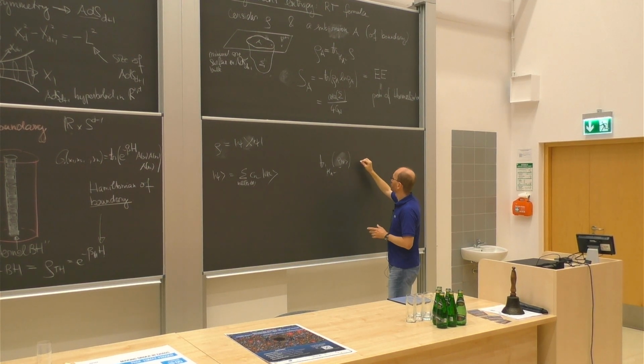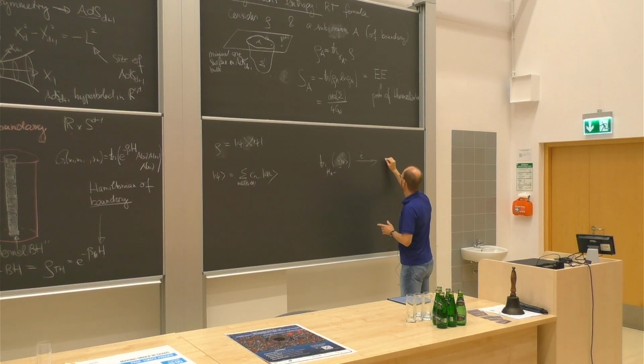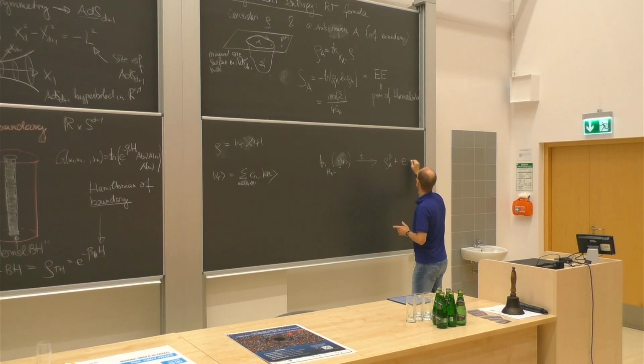And I want to show that as time progresses, this converges to some canonical density matrix for the subsystem A, plus perhaps some corrections of the type e to the minus S over 2.